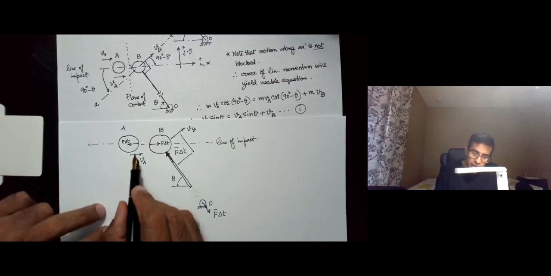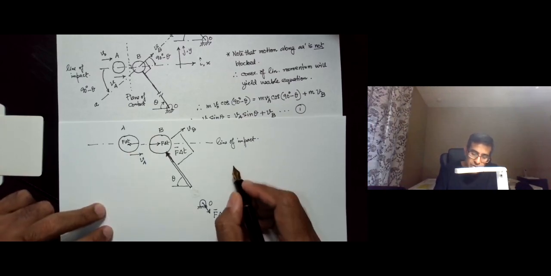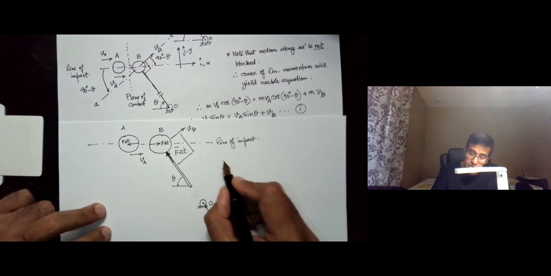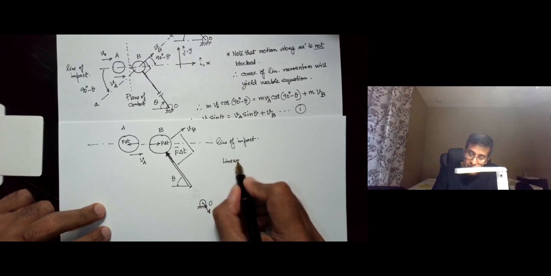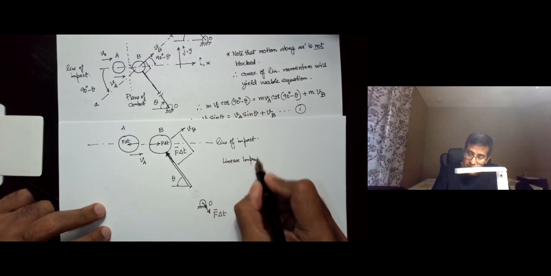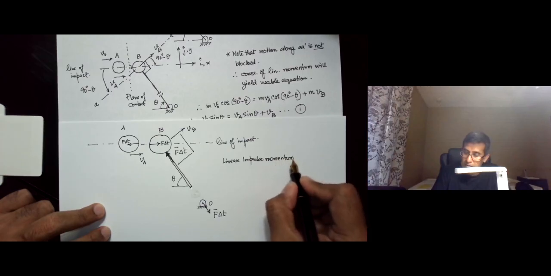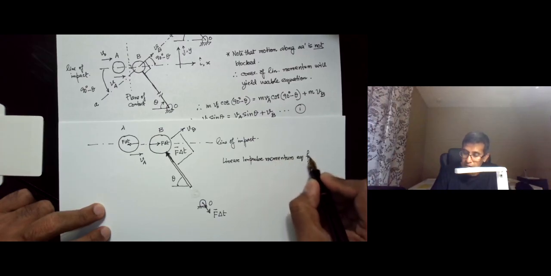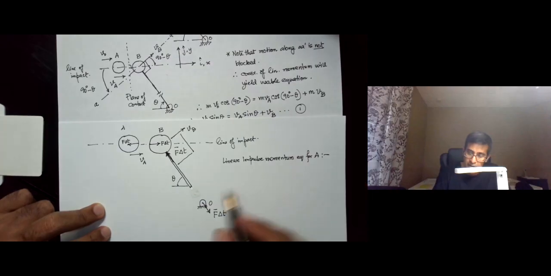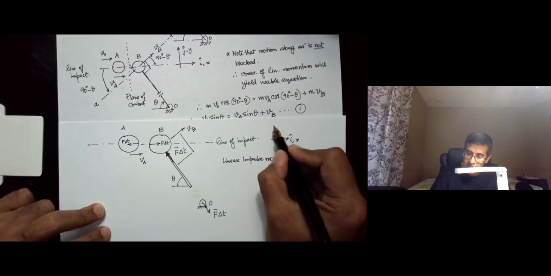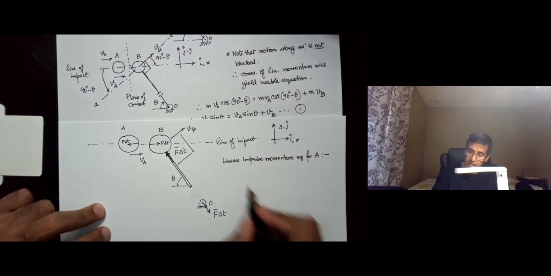Right, so if I write the linear impulse momentum equation for A, and again we are going to consider this as our x direction, this as the y direction with the unit vector j.